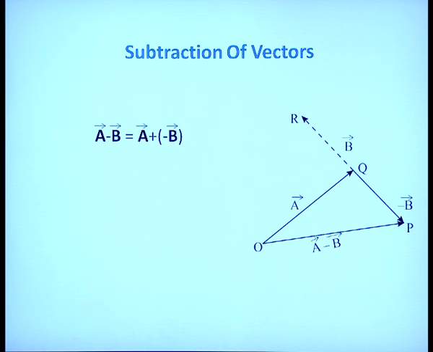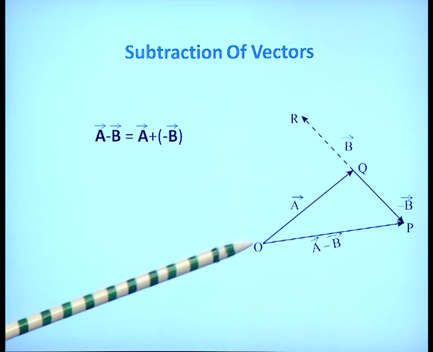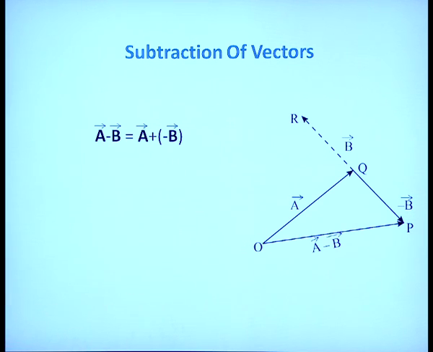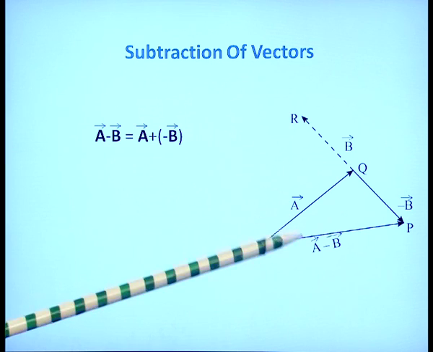Vector A, as you can see, OQ equals vector A and QR equals vector B. But we have to find the addition of A and vector minus B. So, we have to take the negative vector of B, that is QP.